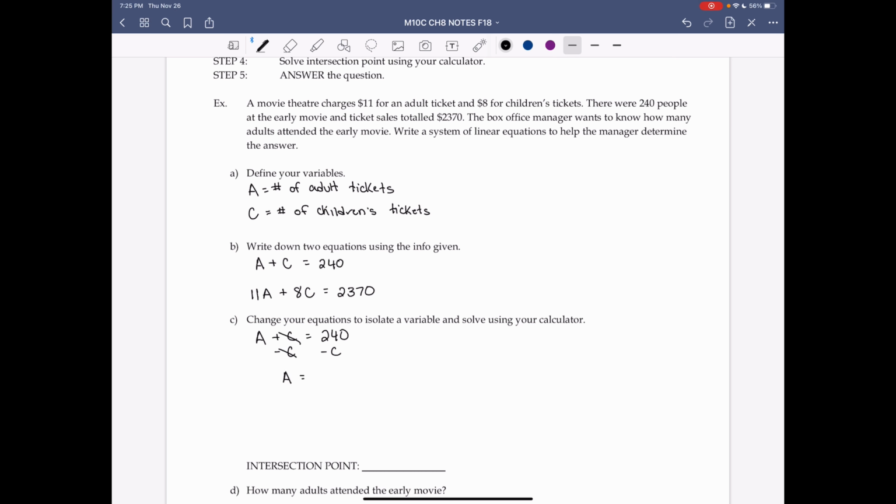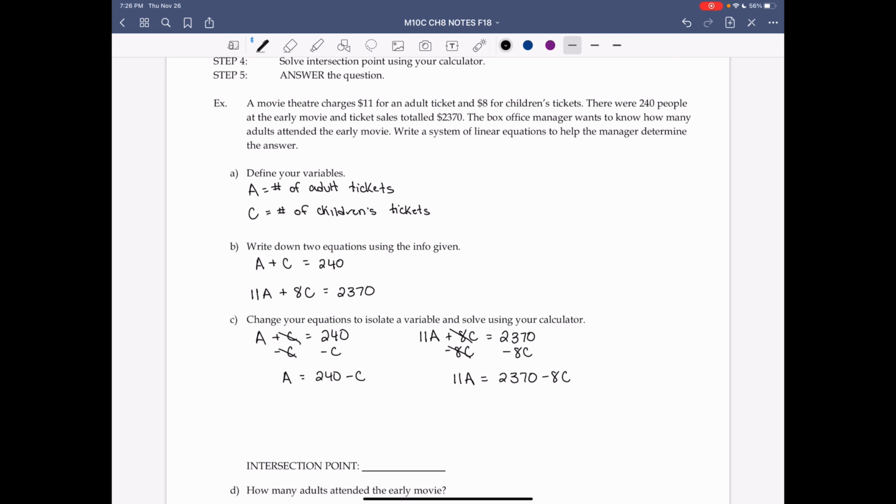Second equation, 11A plus 8C equals 2370. I want to subtract 8C from both sides to move it away from the A. 8C minus 8C is 0. I get 11A equals 2370 minus 8C.